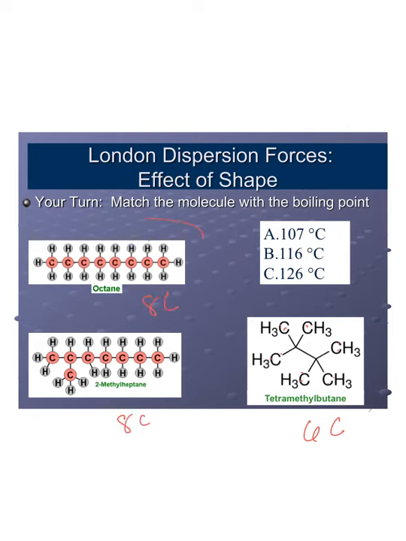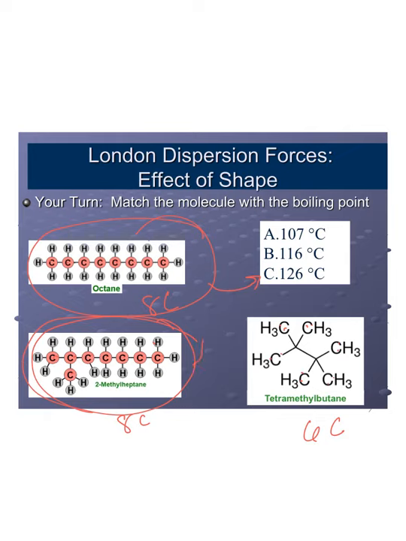But this one, octane, is going to have the most London dispersion forces, isn't it? Because it's long and skinny. So if it has the most London dispersion forces, it should have the higher boiling point. This one would have a little bit less because it's a little more clumpy in the middle. It's not quite as long and skinny.